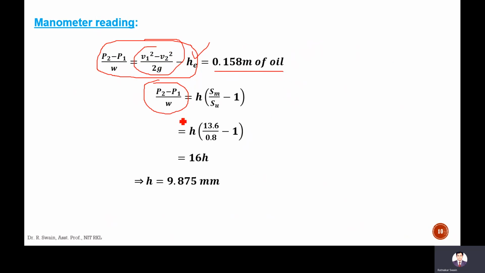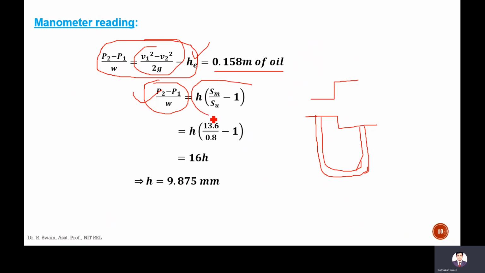So we know that for pressure head, if we insert two piezometers, or a manometer liquid, using a manometer we can measure the pressure difference between the two pipes. If we insert the manometer here, this is the formula that we have already discussed in the first chapter.